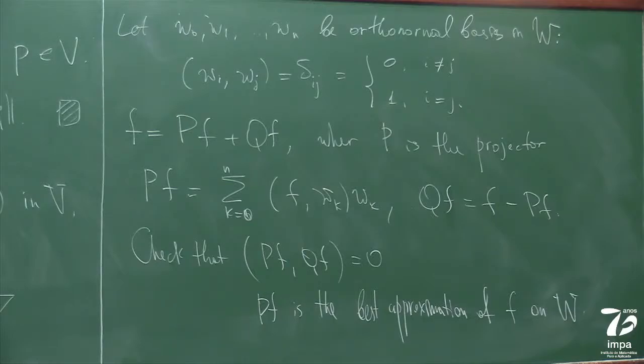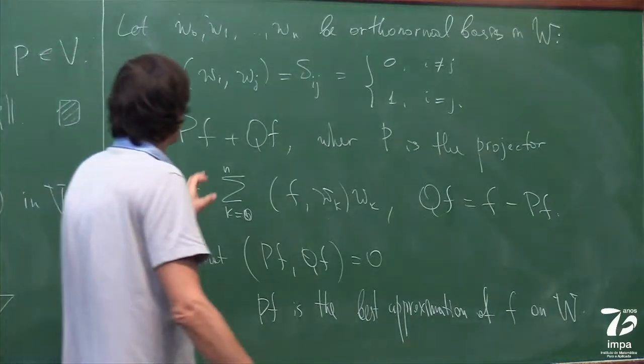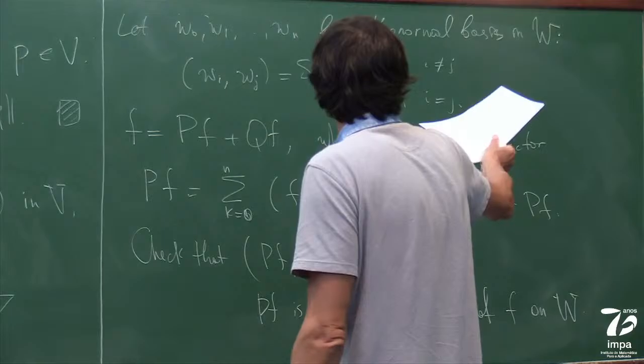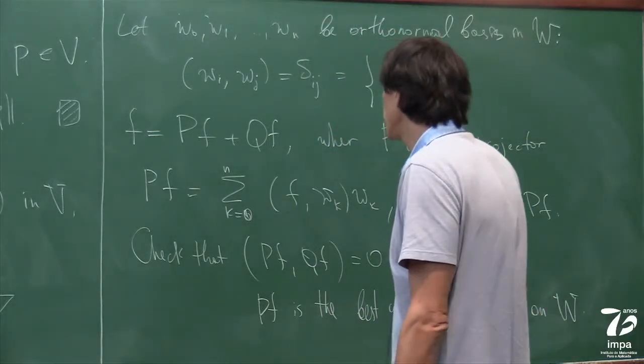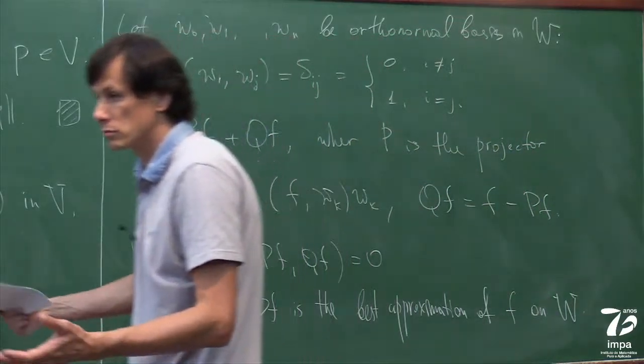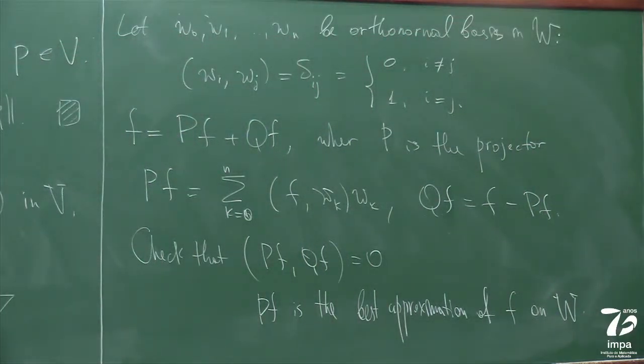Numerically, from the point of view of numerics, it means that whenever you have your space of functions, so you have some space V where your functions live, you have a space W where your approximation functions live. We will have an example soon. And if you want to find the best approximation, you need the orthogonal basis, and then you just use a formula.